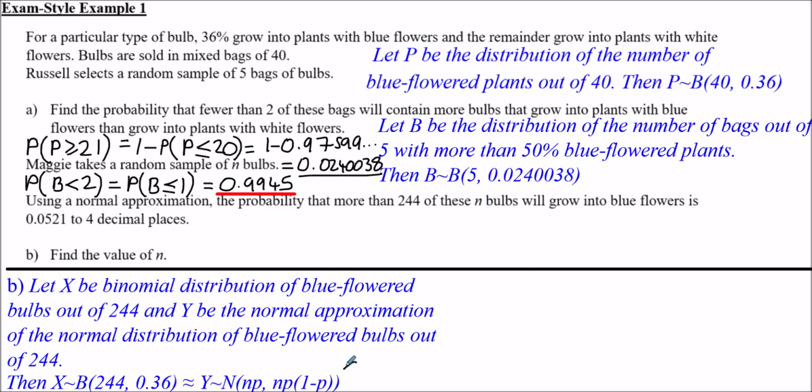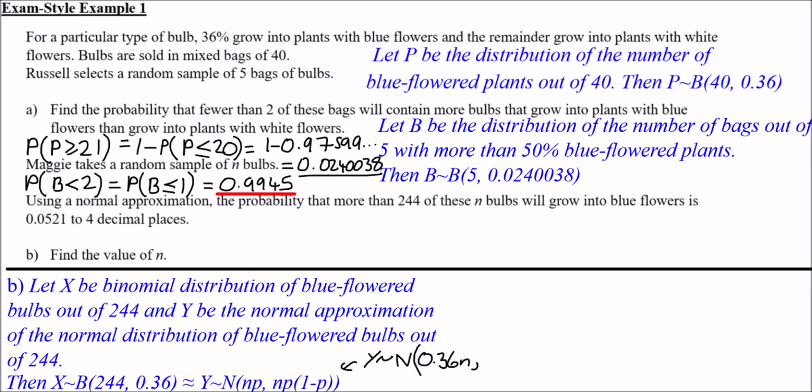So this Y, if I fill in what I do know, we don't know what N is, but I do know the proportion of these blue flowering plants is 0.36. So NP is 0.36N. And N times P times 1 minus P, again not knowing what N is, but I do know that P is 0.36, and therefore 1 minus P will be 0.64.